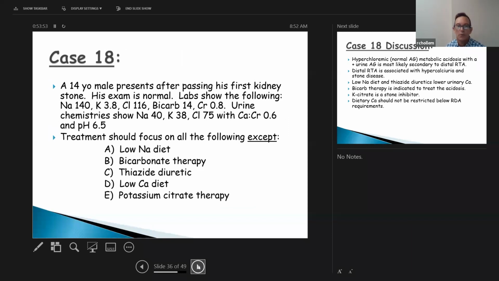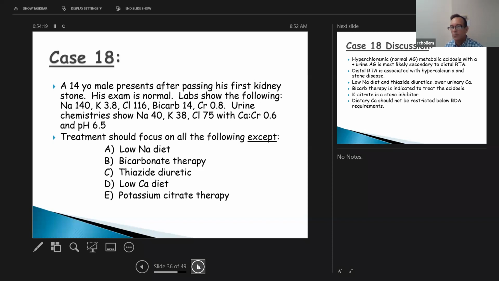All right, a 14-year-old male presents after passing his first kidney stone. His exam is normal. He has the following labs: sodium 140, potassium 3.8, chloride 116, bicarb 14, creatinine 0.8. Here comes our urine chemistries again: sodium 40, potassium 38, chloride 75. Calcium creatinine ratio is a little elevated at 0.6, and the urine pH is 6.5.